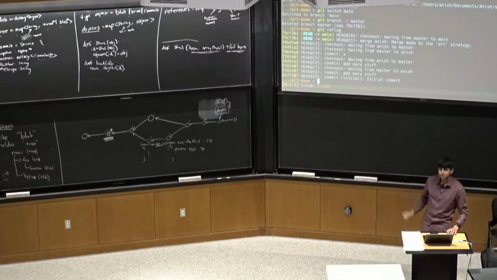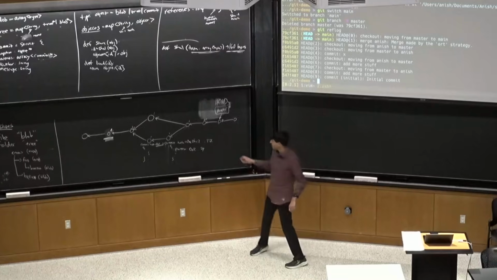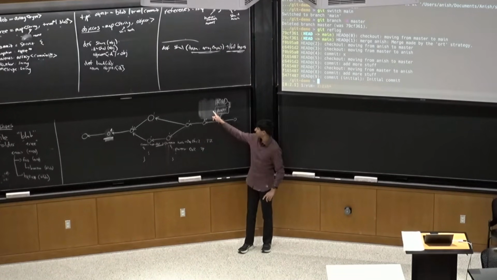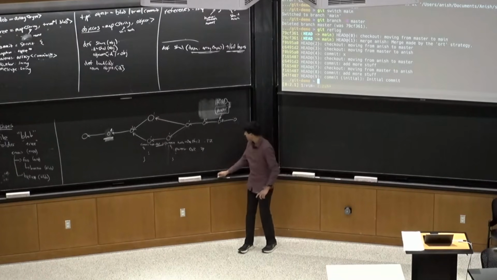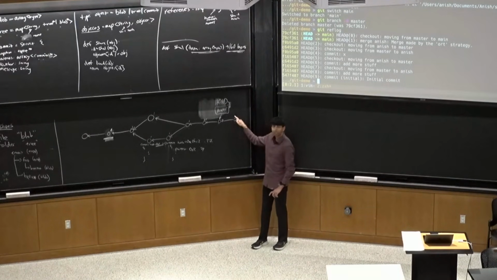Objects are immutable. And so how does Git decide what to keep as you create more and more history and move branches around? Well, think of the active history as the graph that's reachable from the union of all the references. So already in this picture, this node is not reachable from any reference, right?